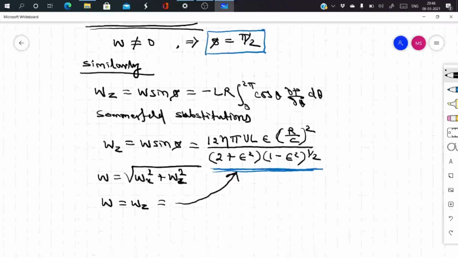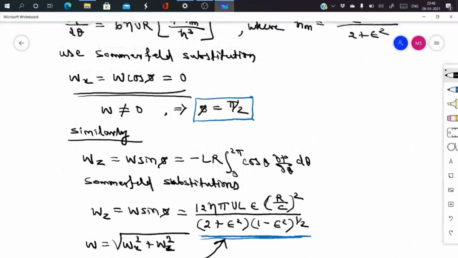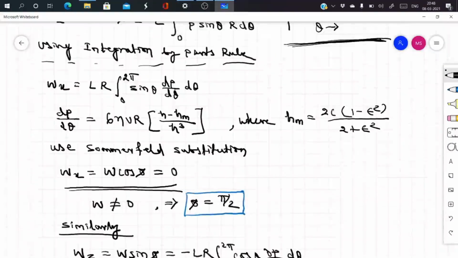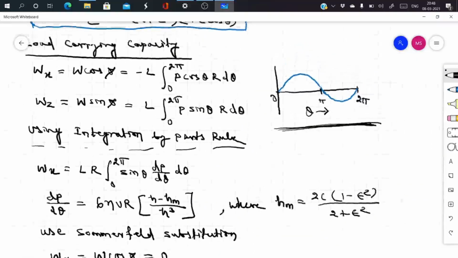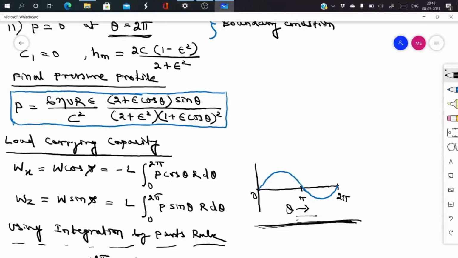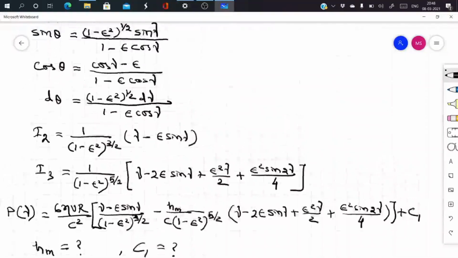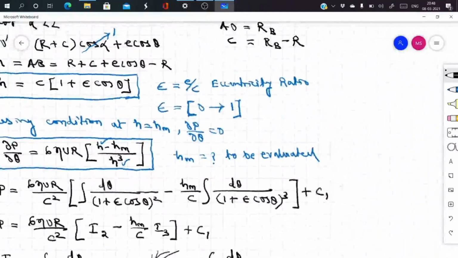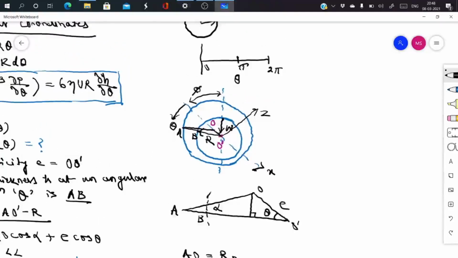Now the problem is here, if you see, we have used the boundary conditions that P equal to 0 at theta equal to 0 and P equal to 0 at theta equal to 2 pi. Because of that, we are getting this type of function. And if you see now the figure, practically the journal should be oriented like this.